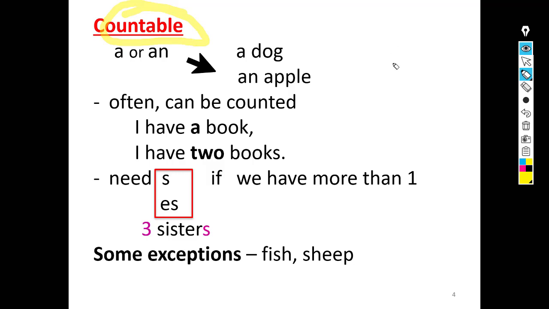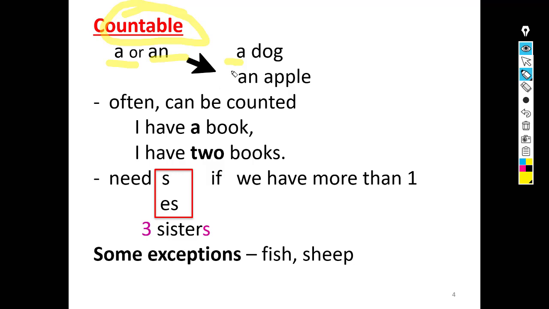So the first thing you need to know with a countable noun is, when we have a countable noun, we need to put a or an in front of the noun. For example, I have a dog. I have a computer.